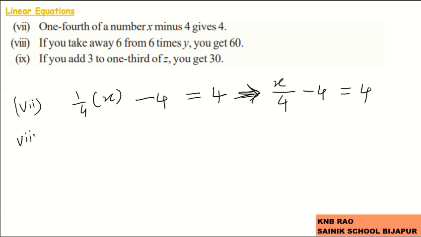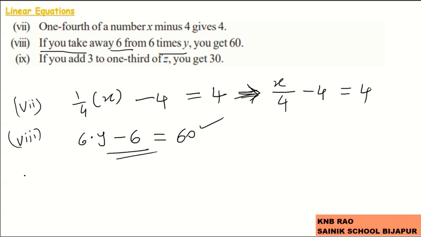Next, in the case of the eighth one, if you take away 6 from 6 times y, so 6 times y, from that if you take out 6, that means subtract 6, you get 60. So this is the eighth one.